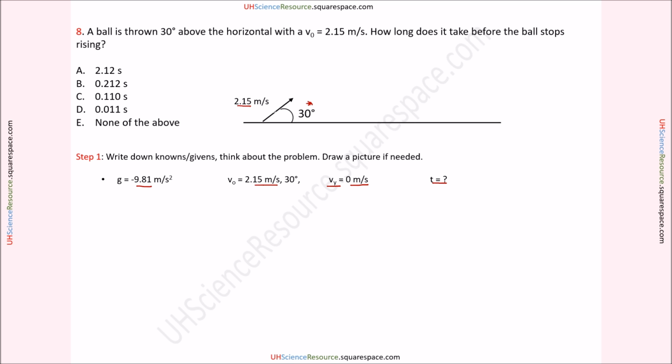What we know about projectile motion is that it's going to mirror a parabola, in which the ball is going to keep rising and rising until at some point gravity is able to counteract the velocity in the y direction, and then it no longer has any velocity in the y direction, and so it falls down toward the ground.